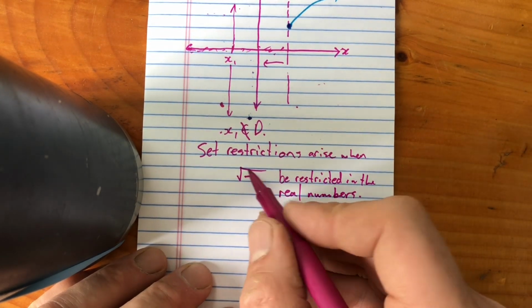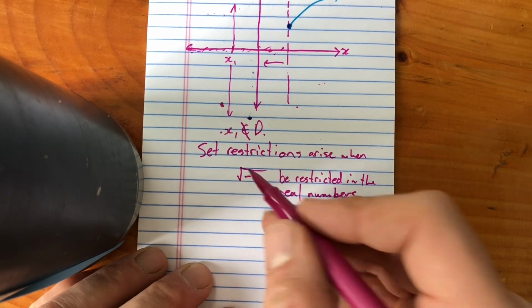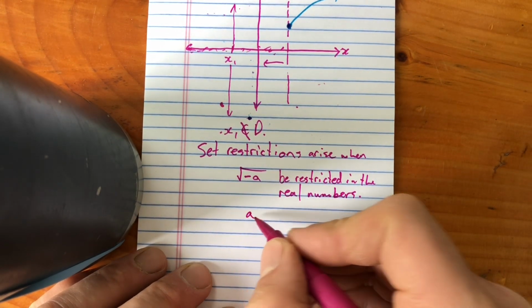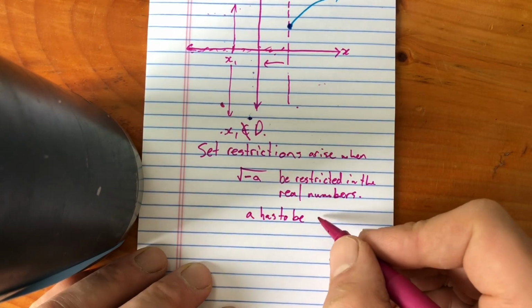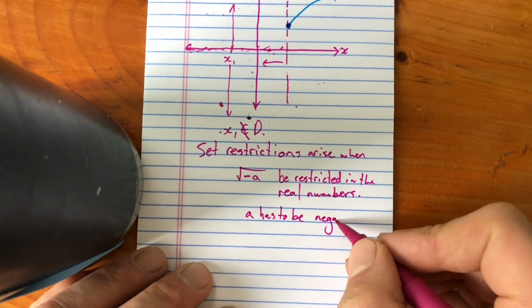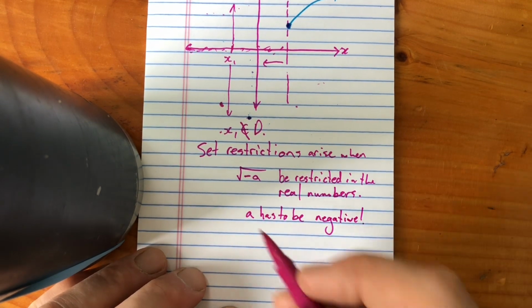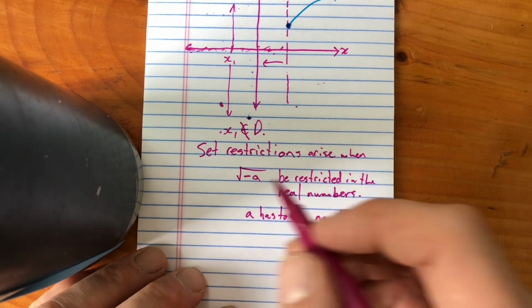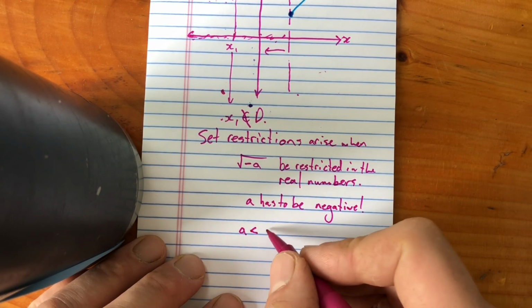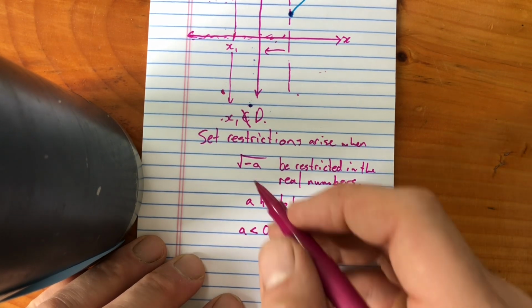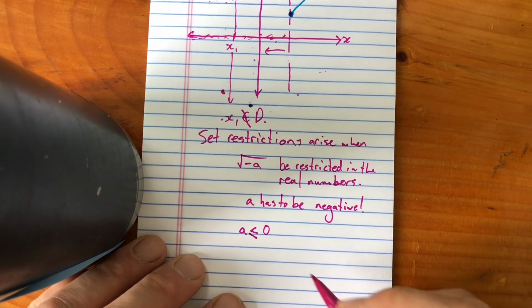And so because we need the expression underneath to be positive, for this expression here to make any sense at all, we know that a has to be negative. For this expression to actually work and be calculable, we say that a has to be less than 0. And not just less than, because negative 0 is still just 0. So we can say it's less than or equal to 0.